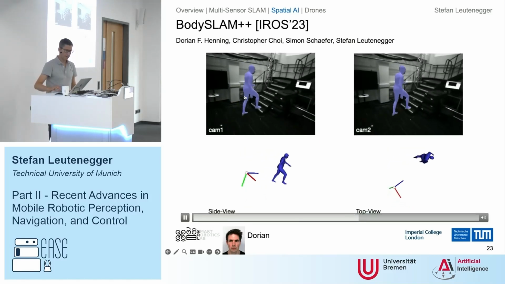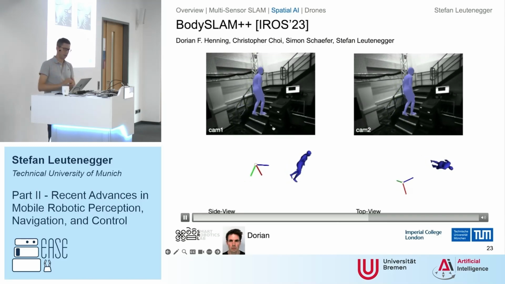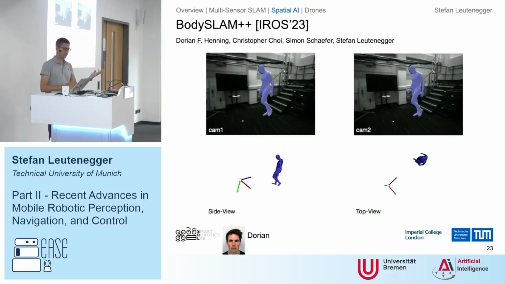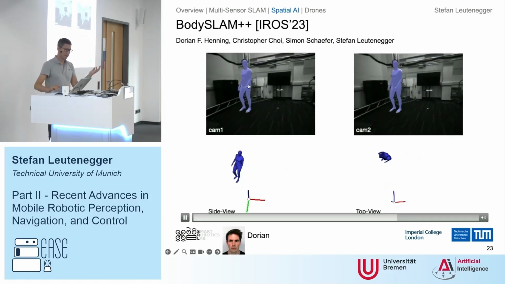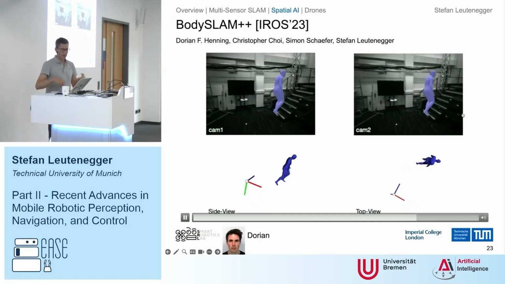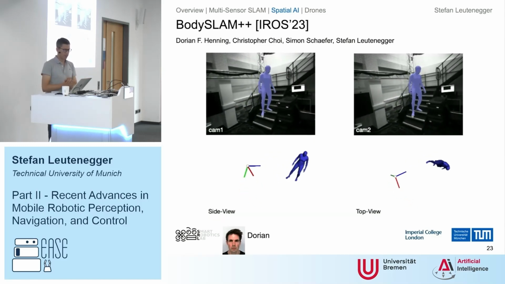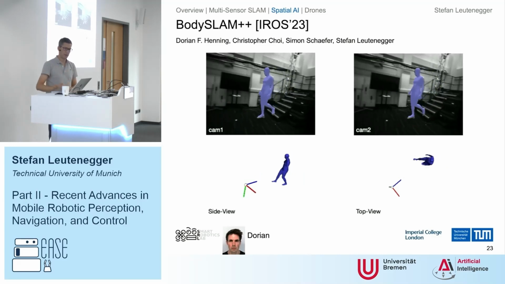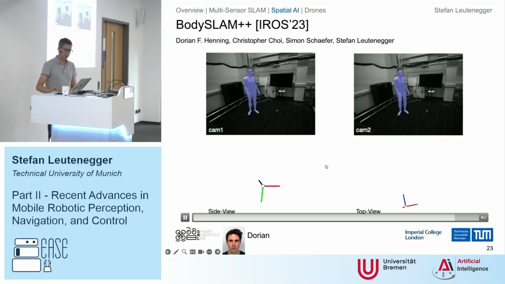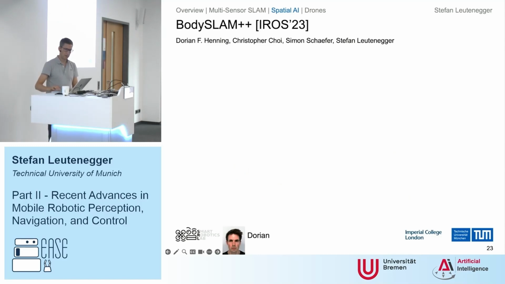So now we have a left camera and a right camera. We can now combine the reprojection error of static landmarks, the reprojection error of the human landmarks that are detected with a neural network, as well as inertial measurements for the camera motion, as well as the human dynamics model, and you get really quite accurate results with that.